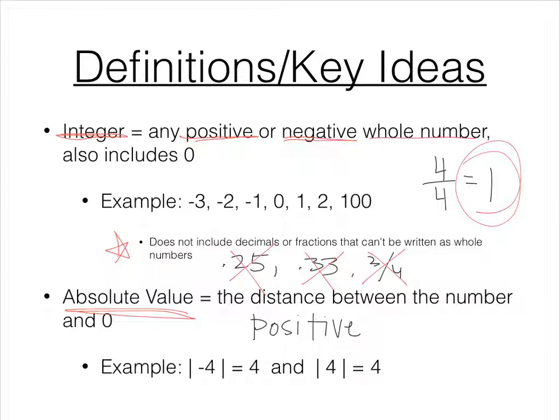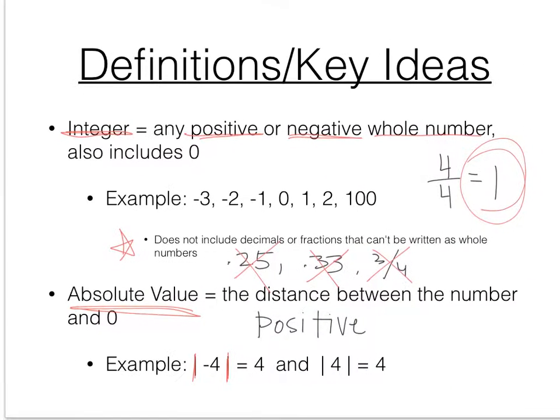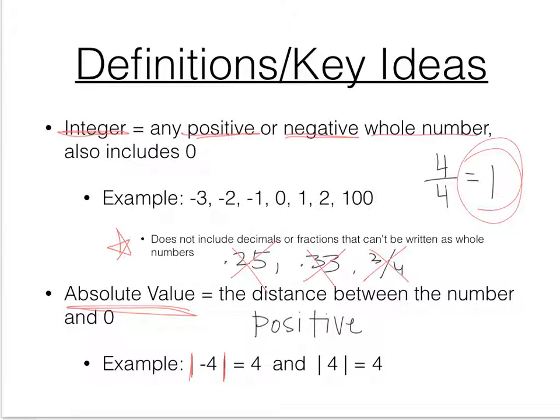And an example of that, we usually write it when we see these lines right here. These straight up and down lines represent absolute value. So this is written the absolute value of -4, and it's telling us that it equals 4. Also, the absolute value of 4 also equals 4, okay?